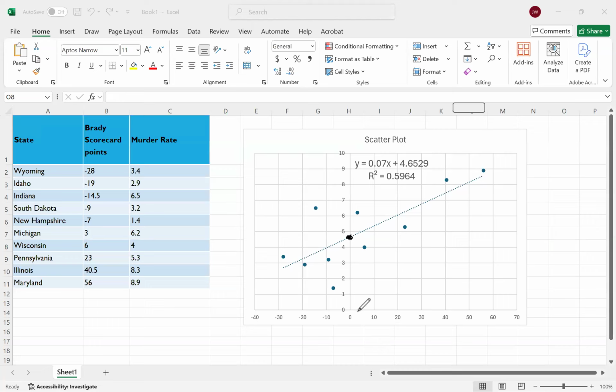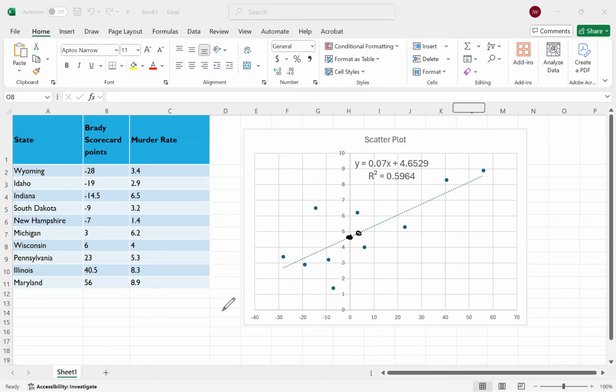And when we said predict the murder rate when the Brady scorecard points were 3, it was giving us this point on the line right there. So the line's points were doing the predictions for us, giving us those predictions.